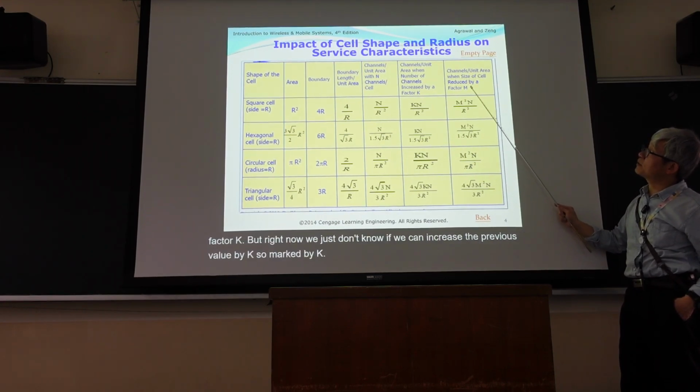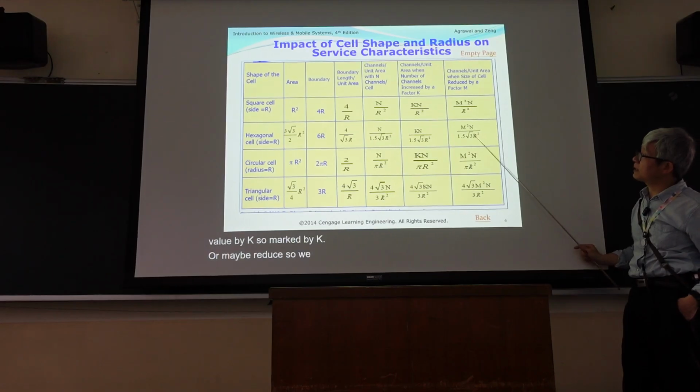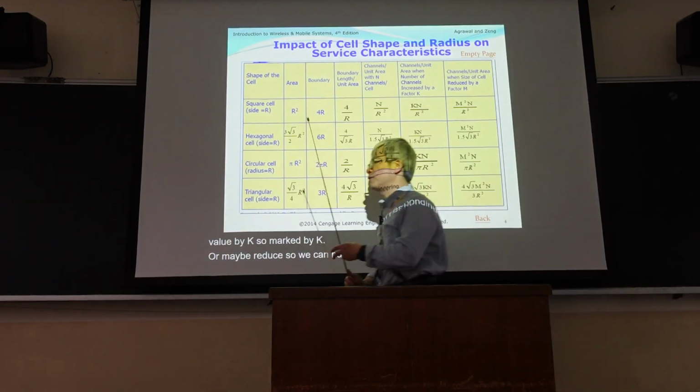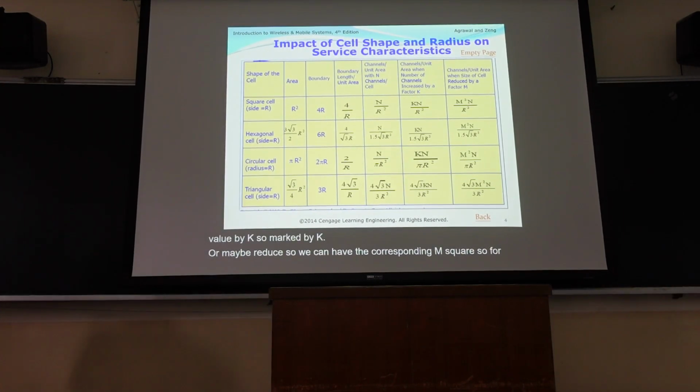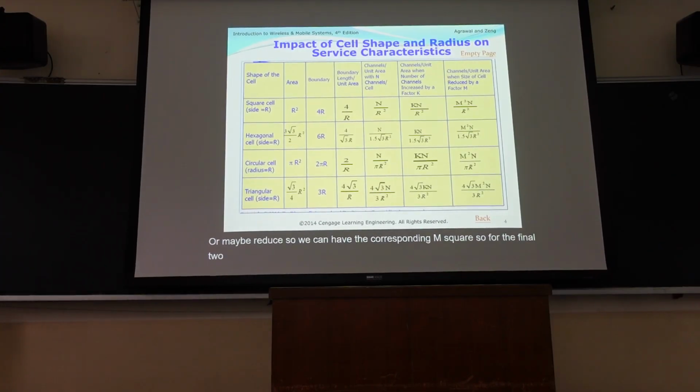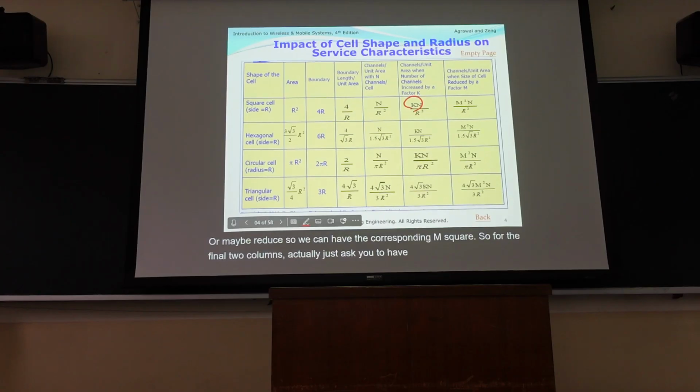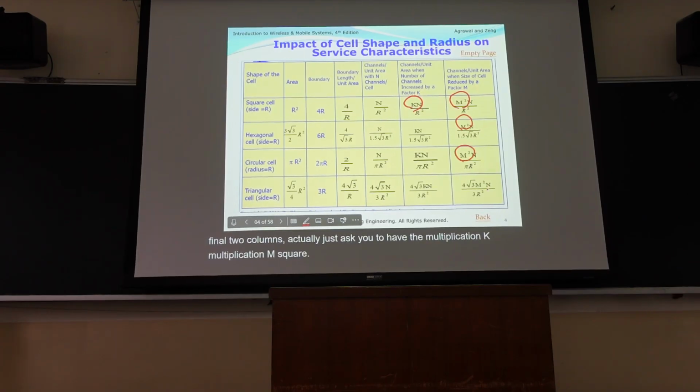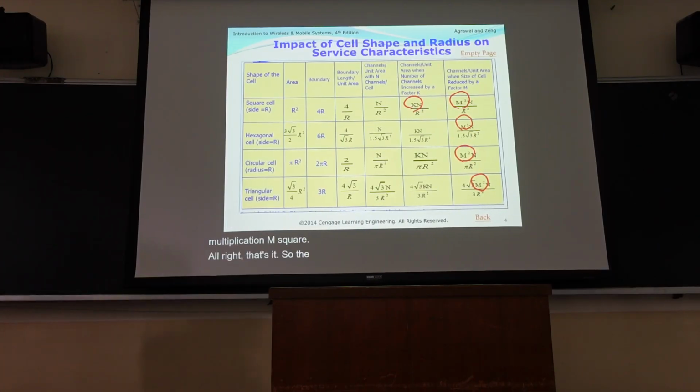Or maybe reduce, so we can have the corresponding m squared. So for the final 2 columns, I just ask you to do the multiplication by k and by m squared. Alright, that's it. So the table I think is easy to understand, right?